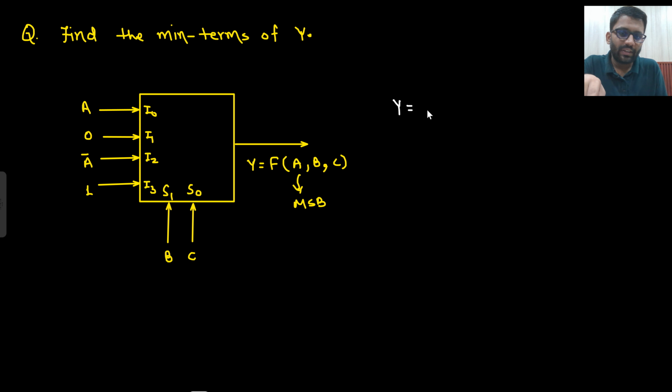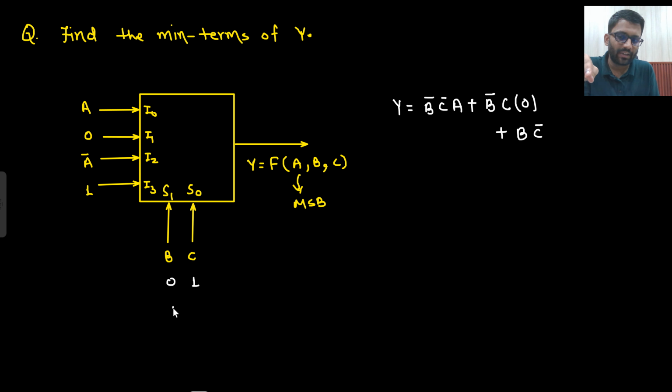So if b is not there and c is not there, that means both are 0, then a will be coming out. If b is not there and c is there, this is 0 and this is 1, then what is the decimal equivalent? 1. So I1 will be coming out, that is 0. Plus, if b is there and c is not there, what is the decimal equivalent?